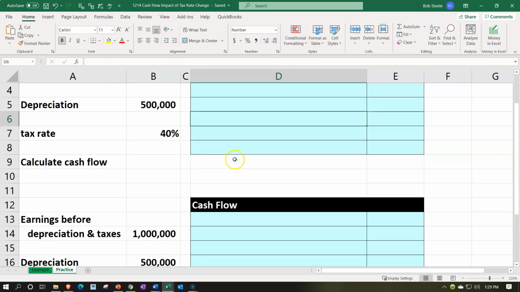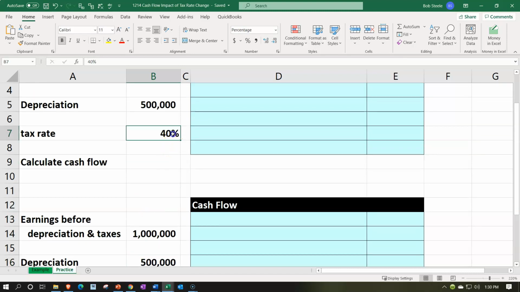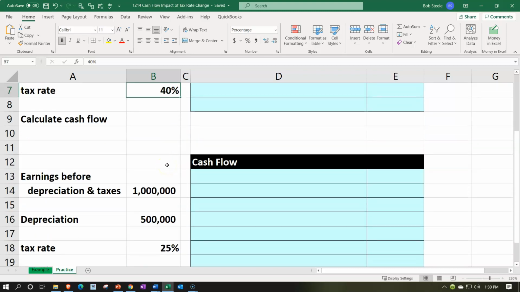This time, we're going to make a change to the tax rate. The other things we're going to be holding constant. We're looking for our cash flow, focusing in on the impact of the depreciation, but we're going to keep the cash before depreciation and taxes constant, as well as the depreciation itself, and look at the impact if we change the tax rate from 40% to 25%.